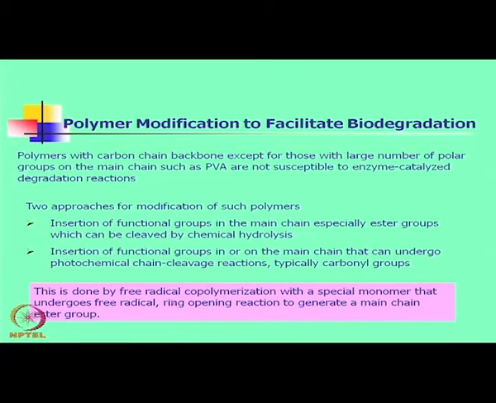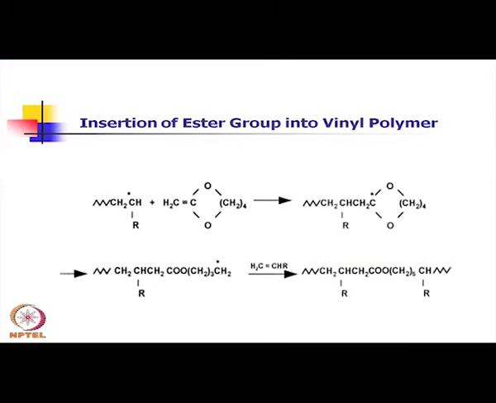This is done by free radical copolymerization with a special monomer that undergoes free radical ring-opening reaction to generate a main chain ester group. So, there is a possibility of converting non-degradable hydrocarbon-type polymers into polymers degradable by microorganisms by chemical modification on their surface.